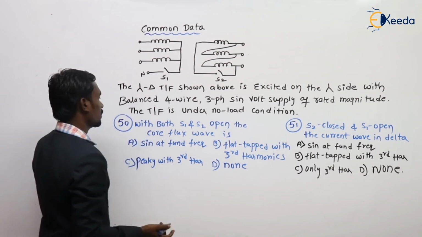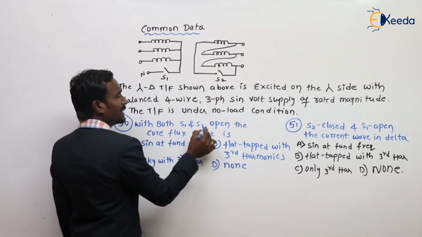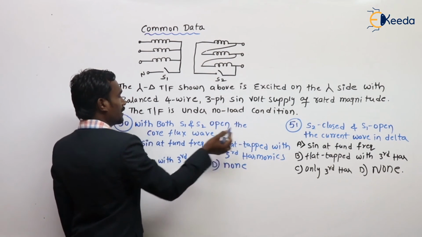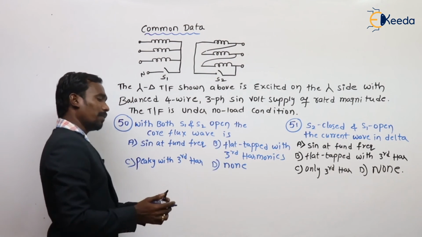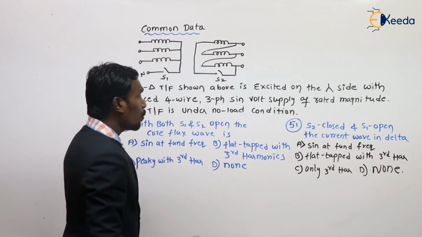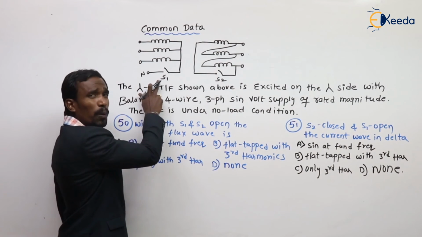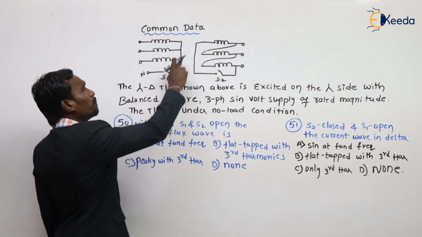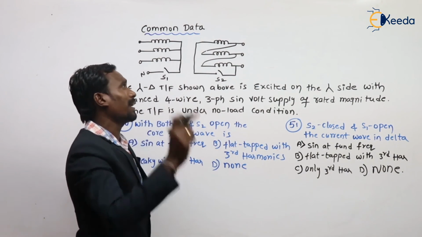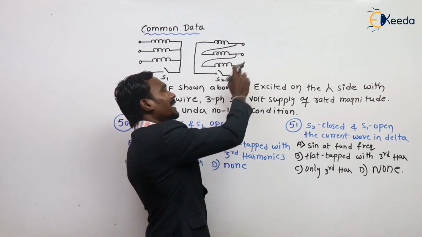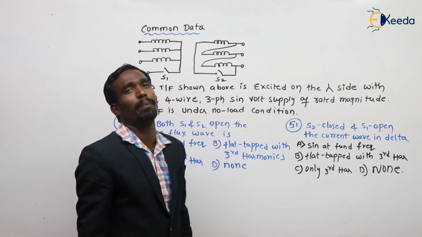Now my question is, with both S1 and S2 open, what is the core flux waveform? When S1 is open, there is no closed path for third harmonics in the primary, and there is no closed path for third harmonics in the secondary because S2 is also open.